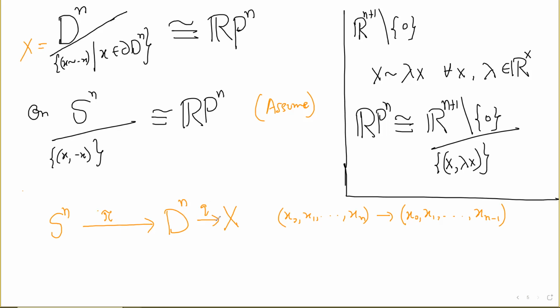Right. So this is also a quotient map, and then you of course go to this, maybe just writing it. Go to this, and now you just check that it becomes injective.